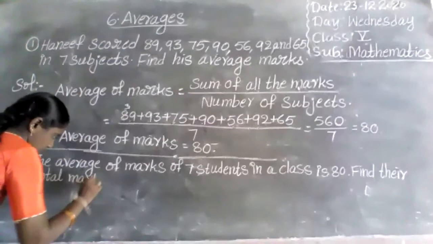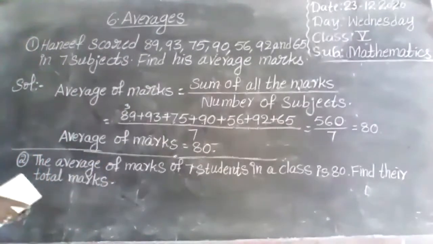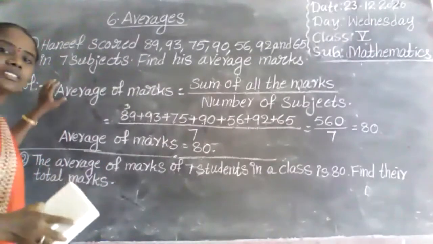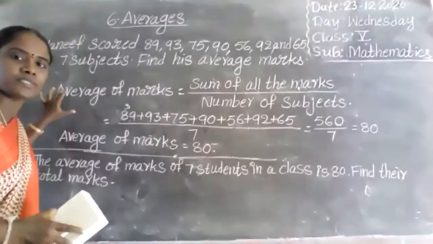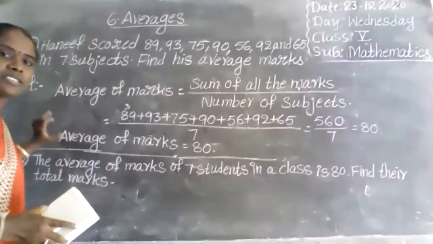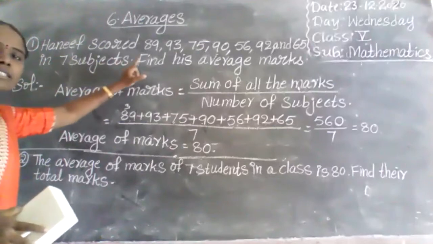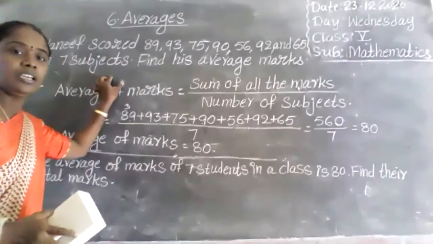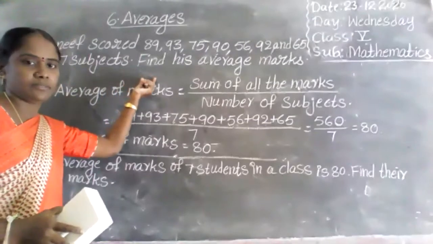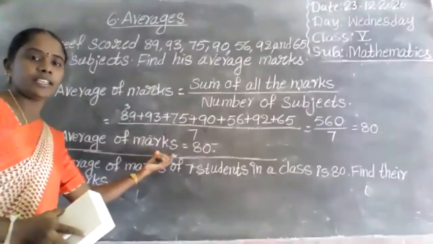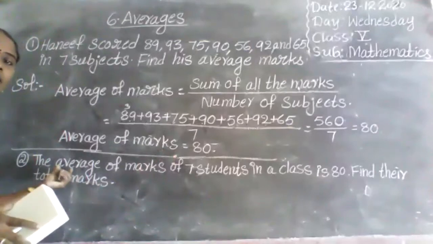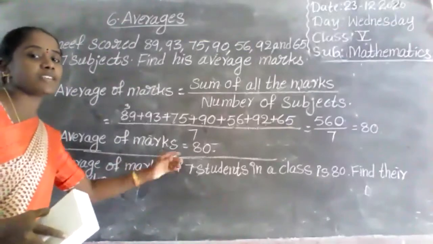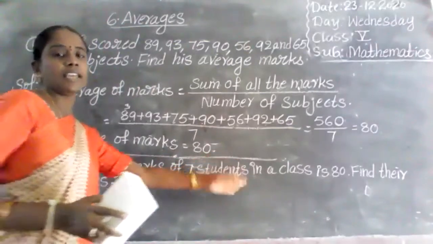See children, here you observe this problem and this problem. In the first, scored marks are given: Hanif scored marks in 7 subjects, and we have to find the average. We already found the average is 80. But here it is given that the average of marks of 7 students in a class is 80.